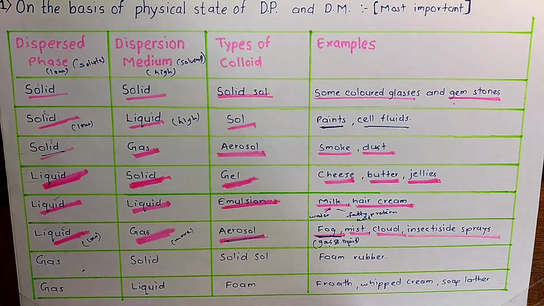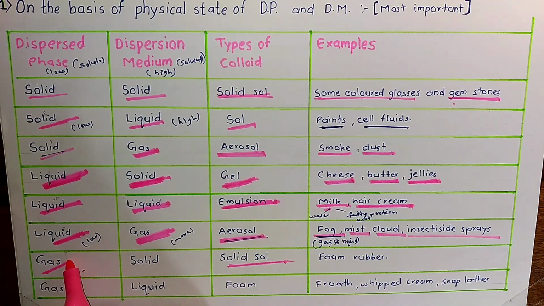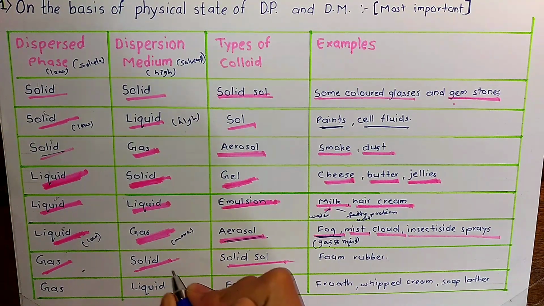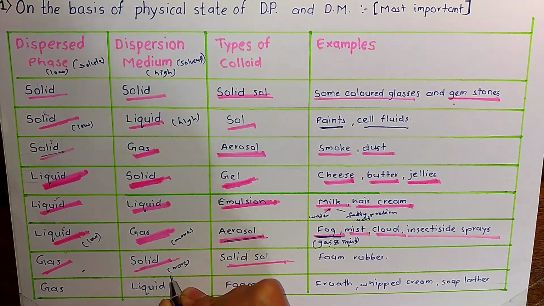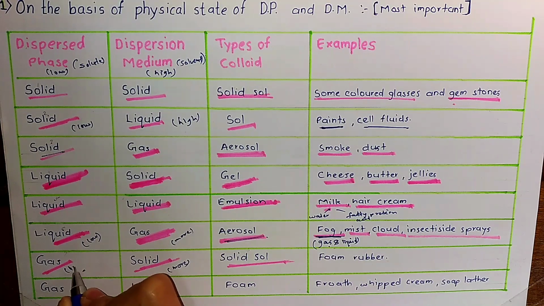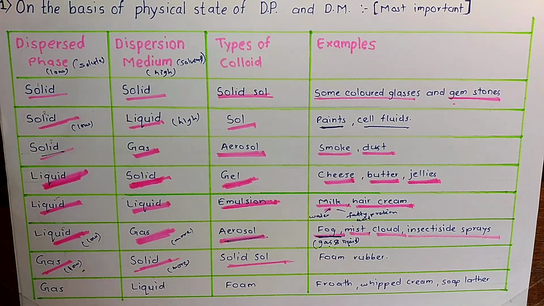And the seventh type of colloid is solid sols. In these solid sols we have the dispersed phase as a gas and the dispersion medium is a solid. The dispersion medium is always in more quantity as compared to the dispersed phase, which is in low quantity.